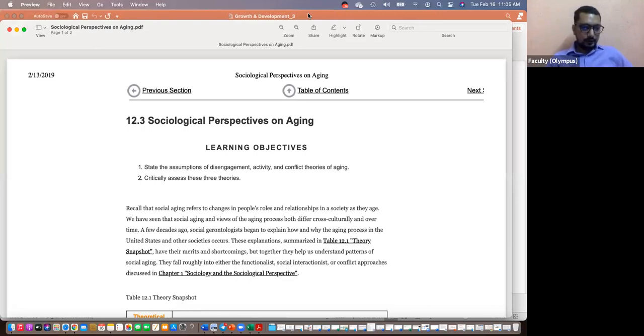Okay, what else? Theories. So explain two biological theories of aging based on purposeful events. Explain any two biological theories of aging.